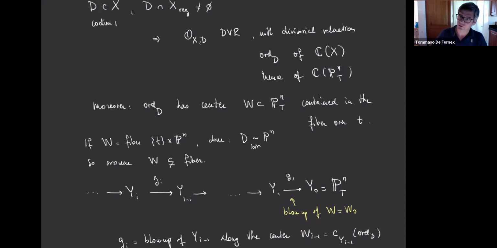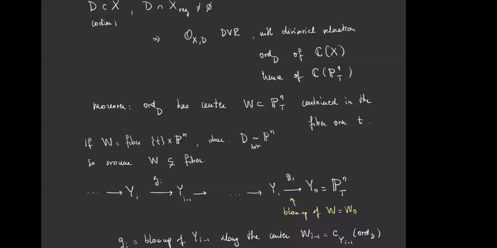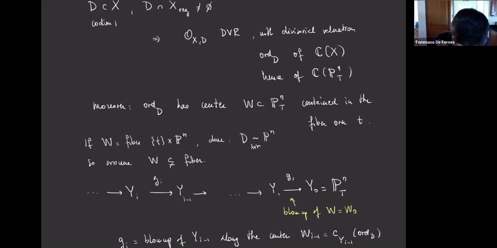Does it answer the question, right? Yes, still I am a bit confused. So if W is strictly contained in the fiber, it could be a component, right, of the fiber? Well, but then this is a fiber of this projective space over T, so it's irreducible.